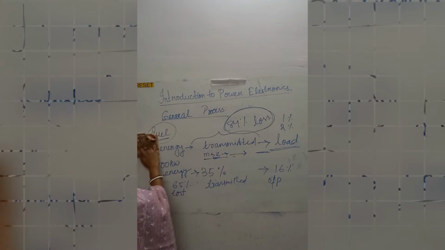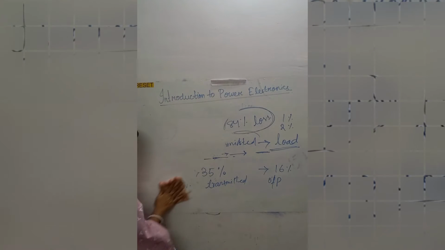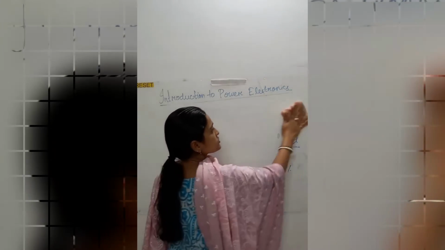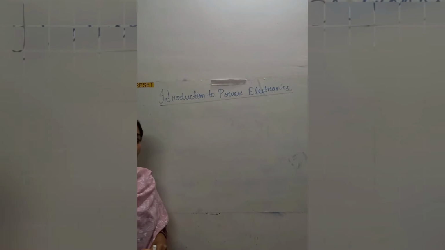Some of these electronic devices, the solid state devices, may be the power diode, SCR, the thyristor family, the triac, the diac. Where are the applications?